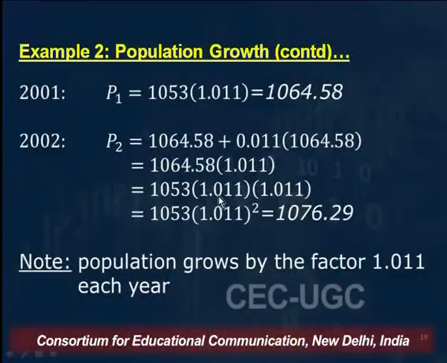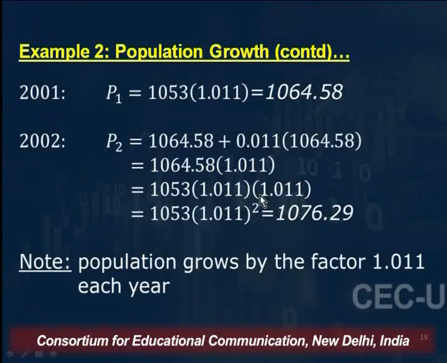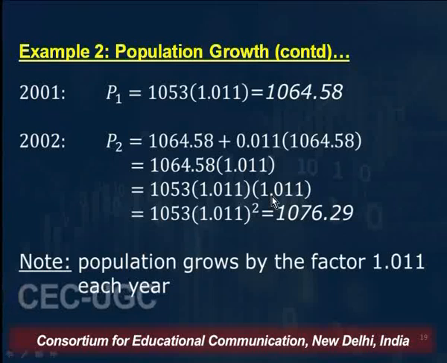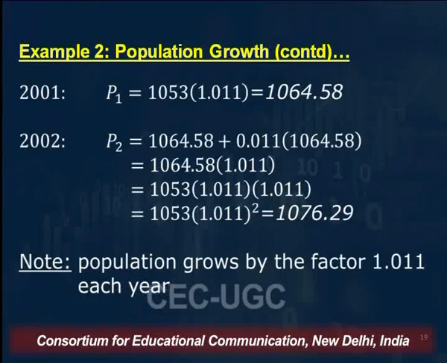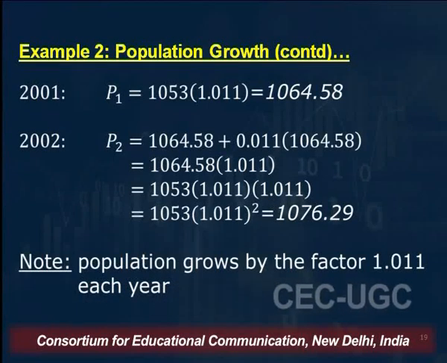year 2001. Similarly, the population for the year 2002, here again you see this compounding effect, and what do you see here? There is a fixed factor which is 1.011. In every subsequent time period, the population increases by a factor of 1.011, right?